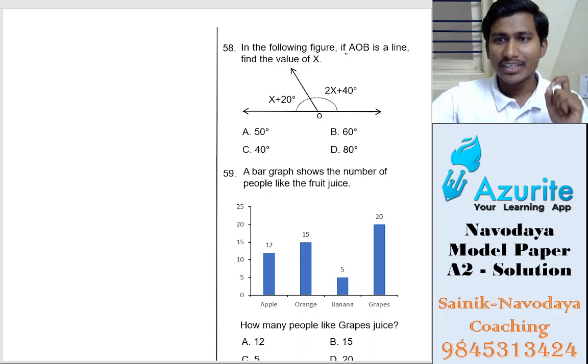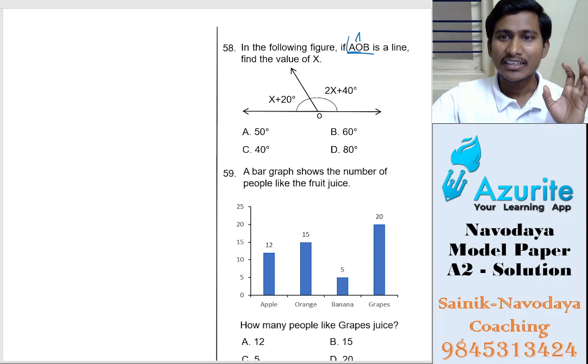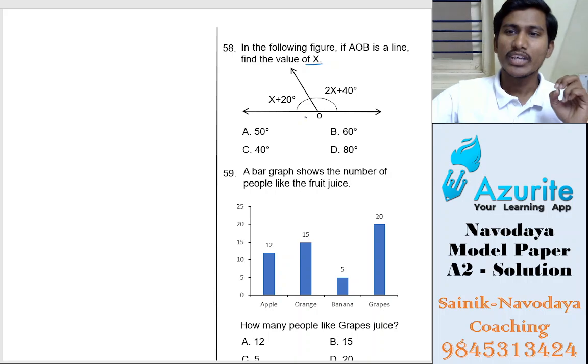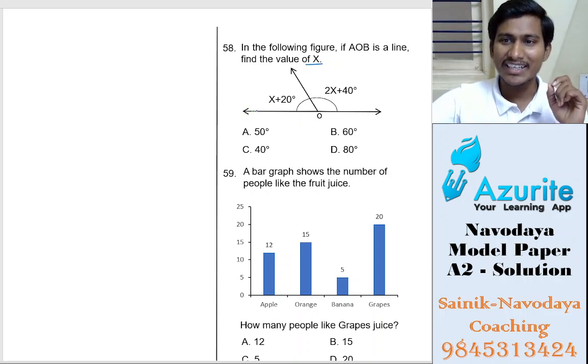In the following figure, the middle letter is the angle, so AOB is a straight line. We have to find the value of x. AOB is a straight line, this is AOB, we can take it as that.